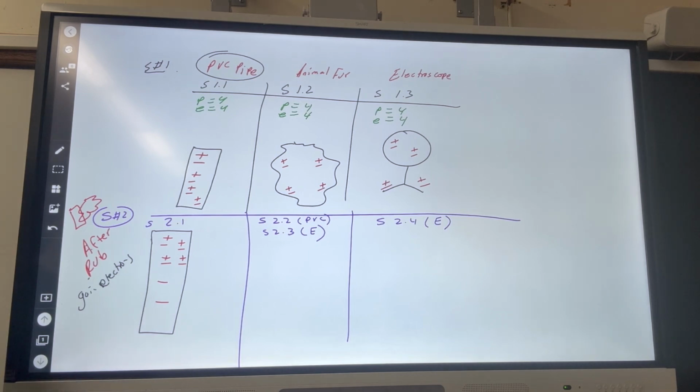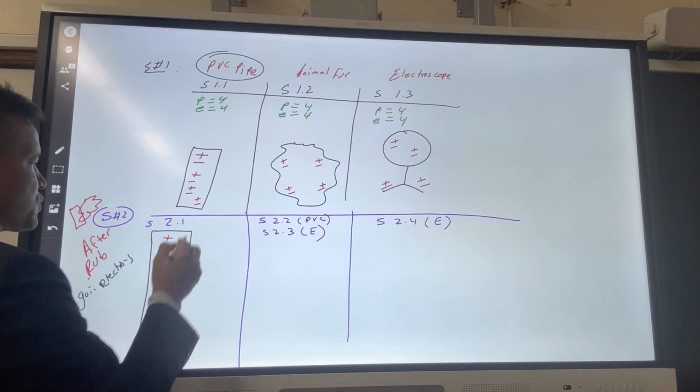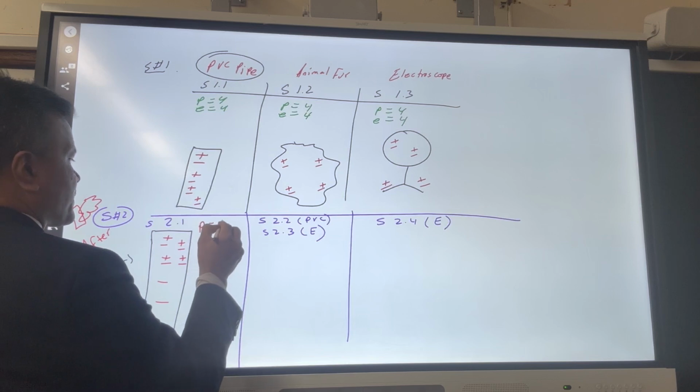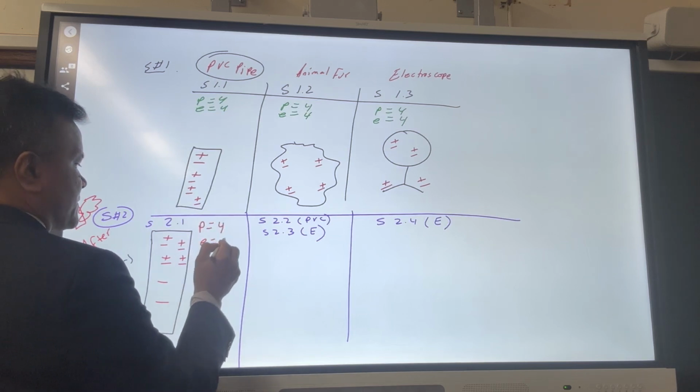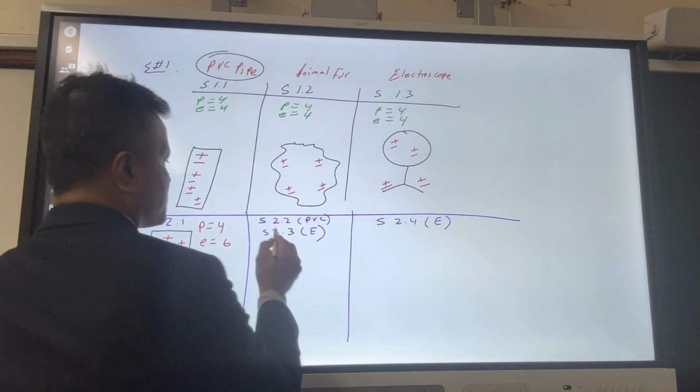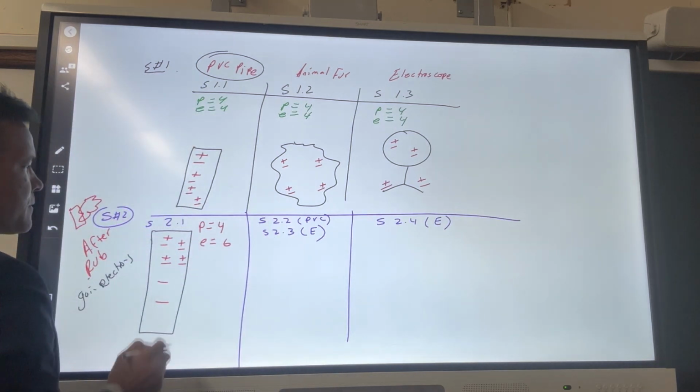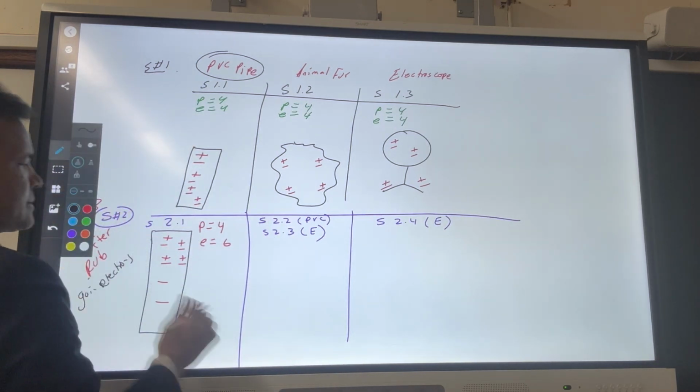From where? From animal fur. So protons 4, electrons 6. So we're gonna do 2 things now. We're first gonna do electroscope.